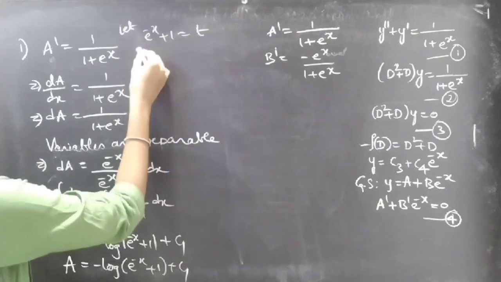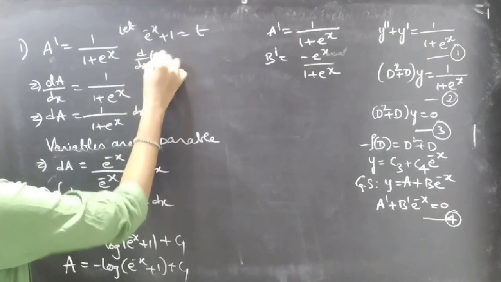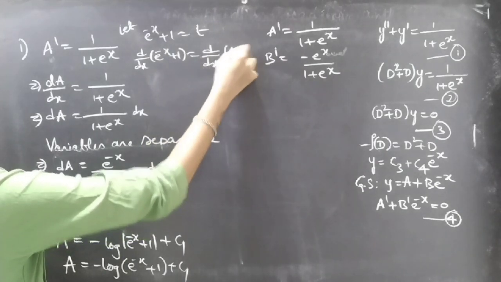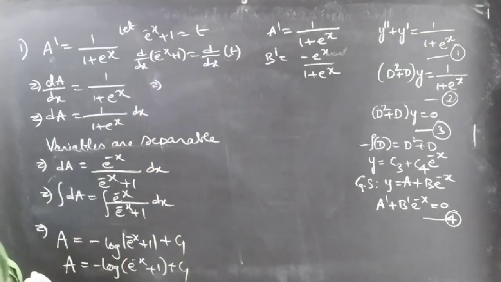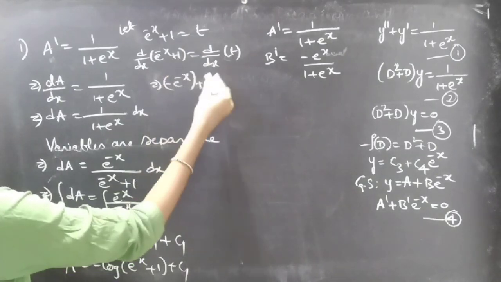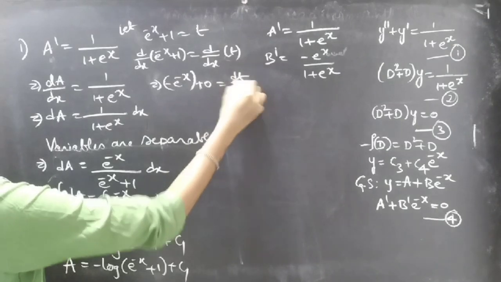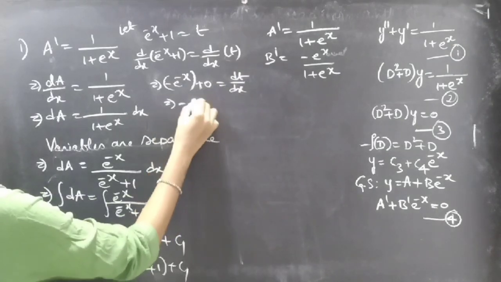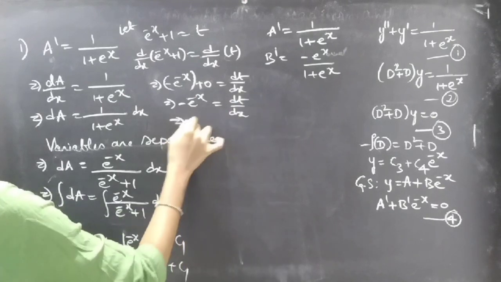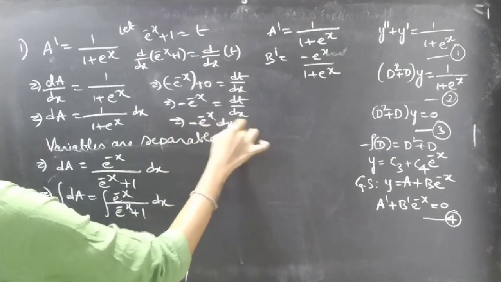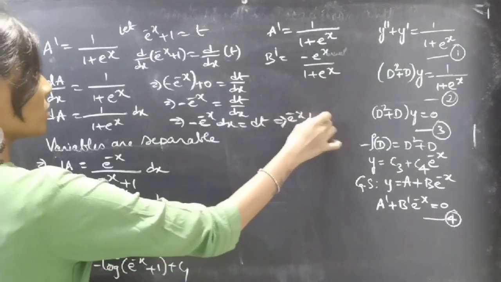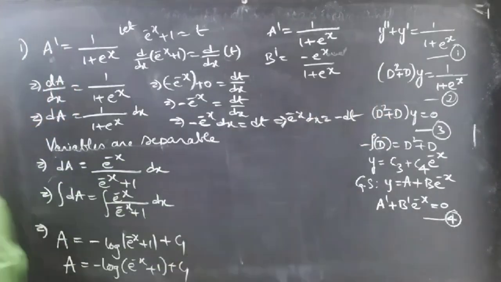Now differentiate on both sides with respect to x, which gives us the derivative of e power minus x, which is minus e power minus x, plus the derivative of 1, which is 0, equals dt by dx. From this we'll get minus e power minus x dx equals dt, or e power minus x dx equals minus dt.